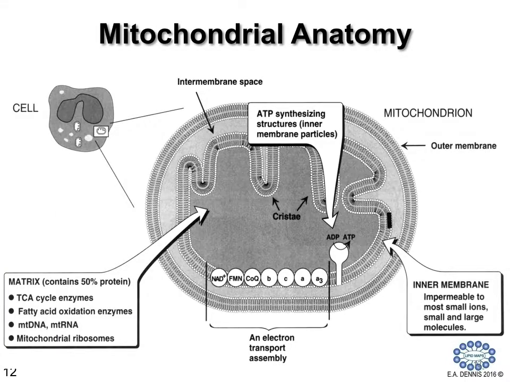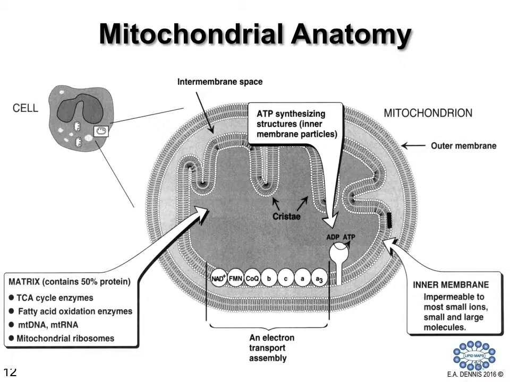Let's now look at the architecture of the mitochondria. In the center is the matrix, and the matrix is where the TCA cycle enzymes, fatty acid oxidation enzymes, and mitochondrial DNA and mitochondrial RNA are located, as well as the mitochondrial ribosomes. Surrounding the matrix is the inner mitochondrial membrane, and this is where the electron transport assembly is located that I discussed on the previous slide, including these complexes.